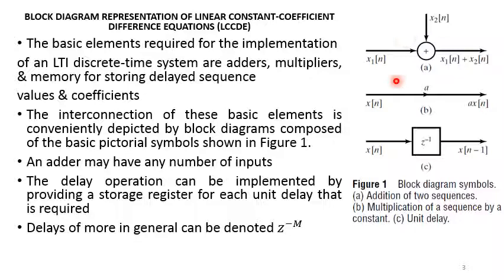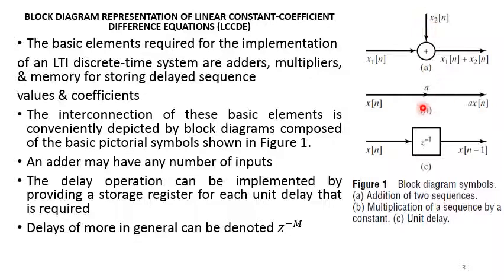Just as a refresher, the adder is represented by a circle with the plus sign inside, with input x1 and the other input x2. Although we have shown here only an adder with 2 inputs, an adder may have any number of inputs.